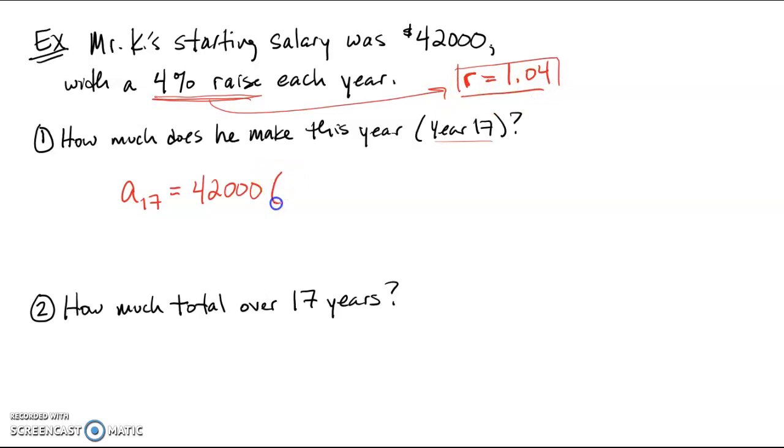So my R value is 1.04 to the 17 minus 1, right? So it's to the n minus 1. Go to our calculator. We get approximately $78,665. I don't care about the pennies right now. All right, so that's how much he's making this year in year 17.